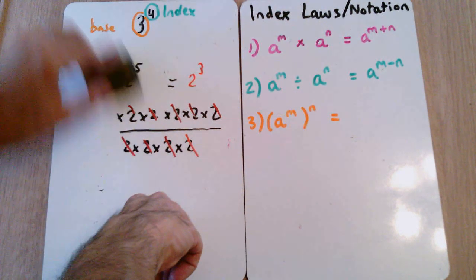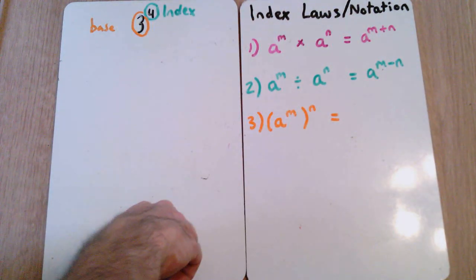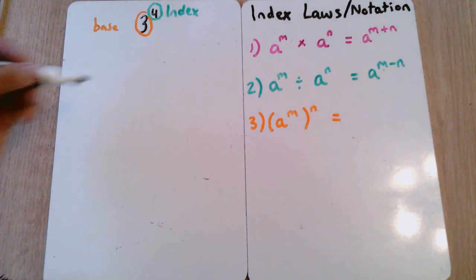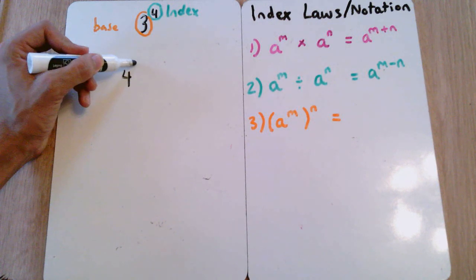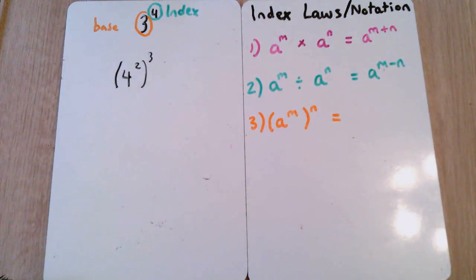So let's now look at one other scenario. This is what we call the power rule. Power rule, I'm going to show you, starts with something like this. If I've got 4 squared to the power of 3. Now, when you have something to the power of 3, it means you're multiplying it by itself 3 times.